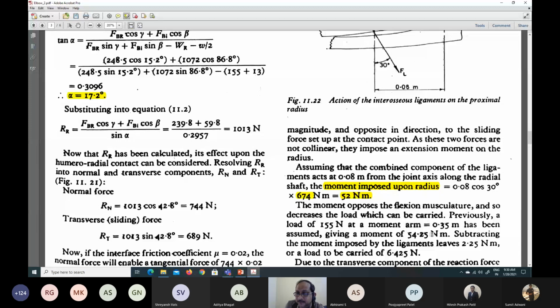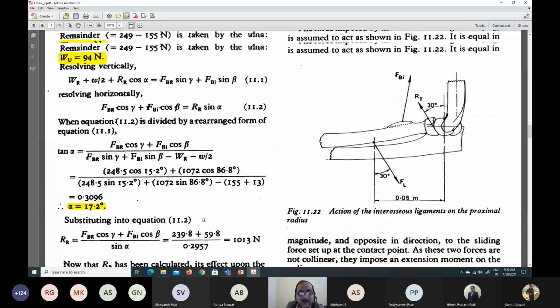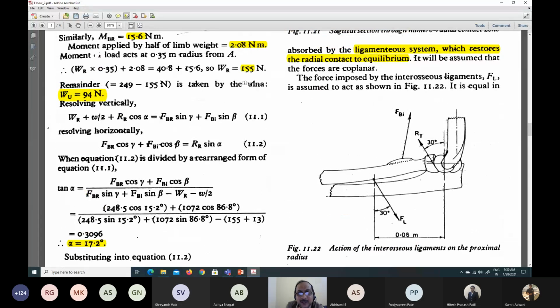So now we have the moment imposed by the ligamentous system. The moment basically opposes the flexion and so decreases the load which can be carried. Previously we had calculated, if I go back, what is the load being carried by the radius?